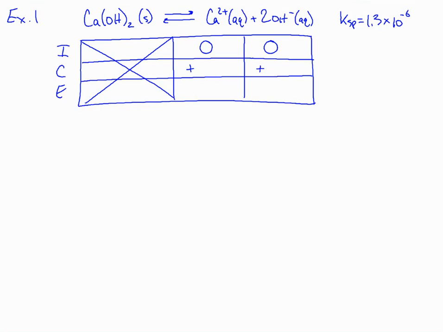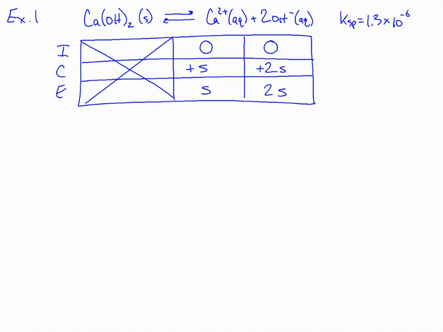Now the coefficient for calcium is 1, so what we have is 1 times S, or just plus S. For hydroxide, we have 2 as our coefficient, so it's plus 2 times S. And remember, S is that molar solubility. So far, everything we're doing here is review from the previous section. So at equilibrium, we have S for calcium, we have 2S for hydroxide.